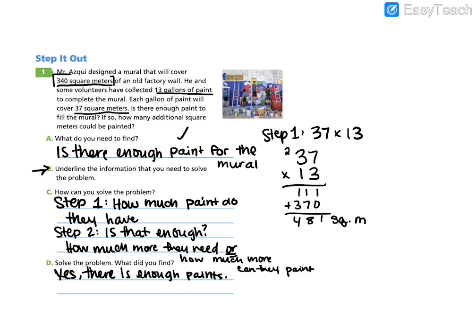And now we do step 2. If the mural is only 340 square meters, but it can cover 481, how much more could be painted? So you need to find the difference here. 481 minus the 340 that they're going to paint will give us 141.